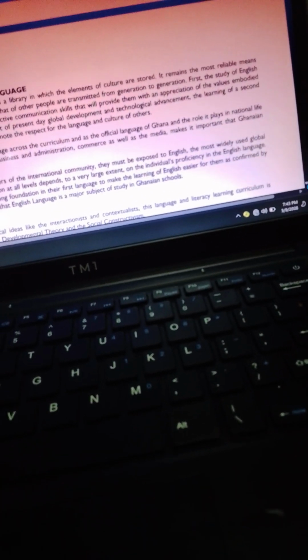So that is the foreword. Now let's go to the philosophy, the rationale for the curriculum. Now every subject has its rationale and philosophy. Every subject, take note of that.